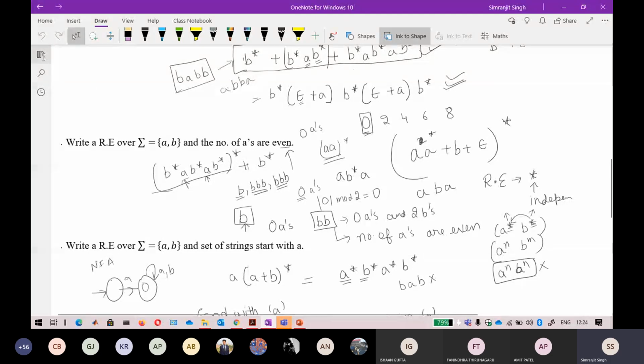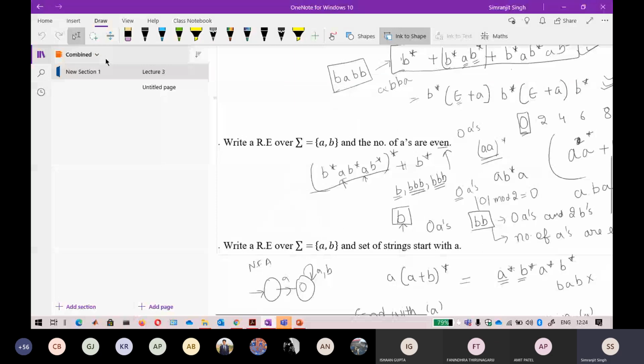Now this expression and the expression written there are completely different. I just copy and paste this expression so you can directly understand what I'm trying to say. Why is it not working? The expression was B star AB star.